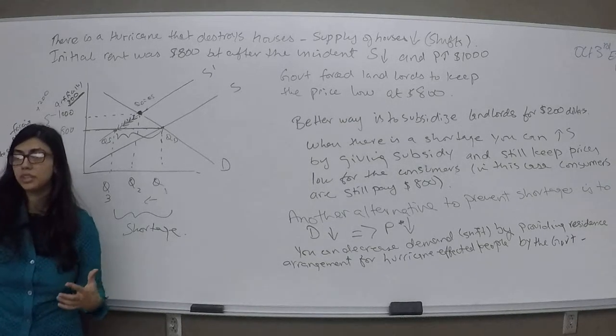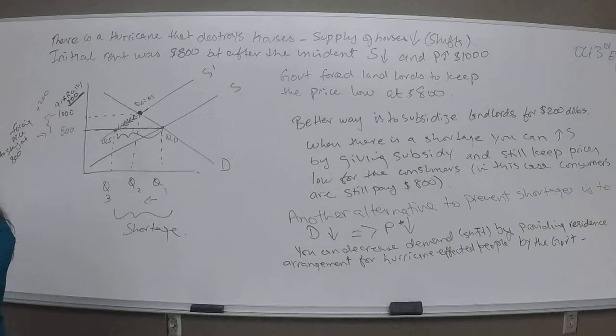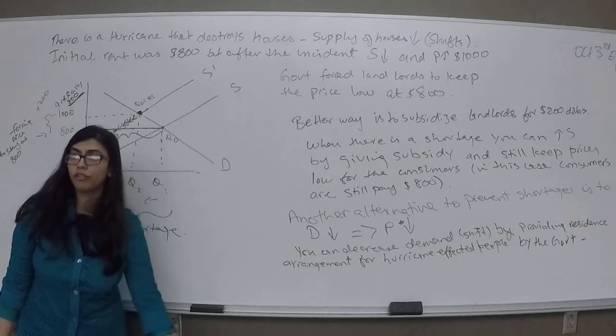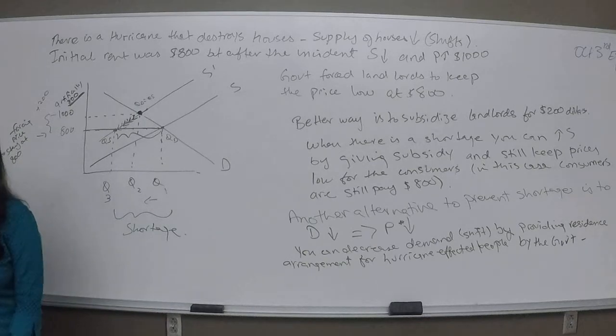If government steps in and provides these temporary residence arrangements for hurricane victims, suppliers won't be able to charge a high price because there are other alternatives. So it will keep the price low for the consumers or for the victims.